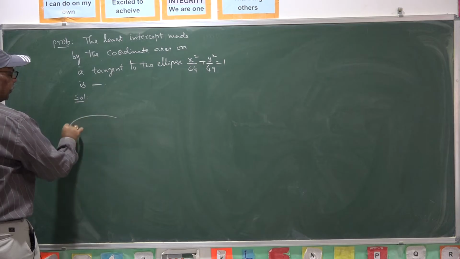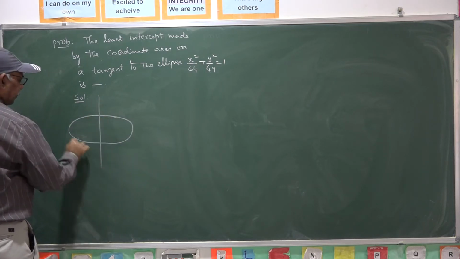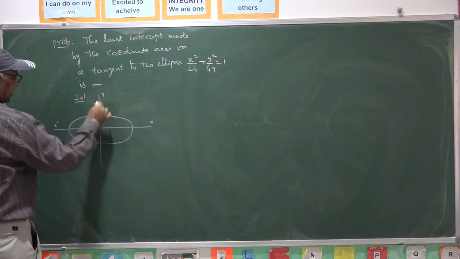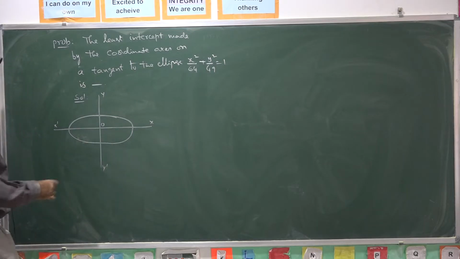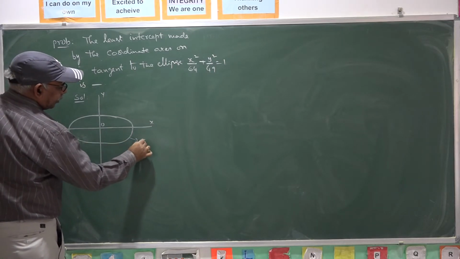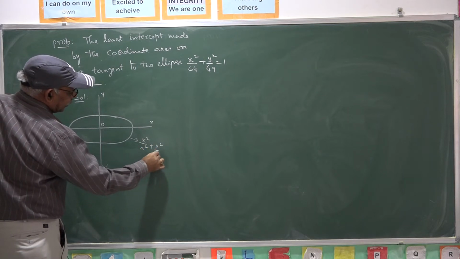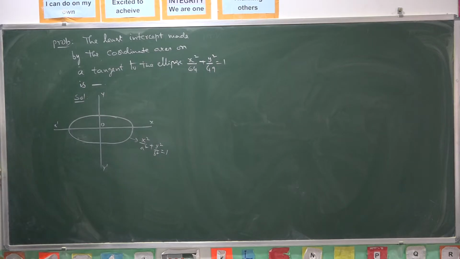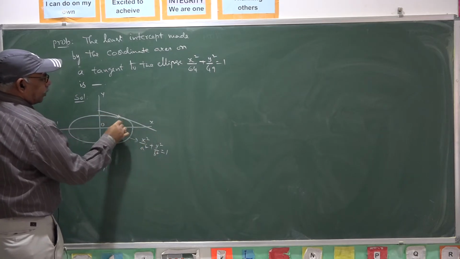So, this is our ellipse. Let the coordinate axes be the x axis and y axis, and the center of the ellipse is the origin. Suppose this is x square by a square plus y square by b square equal to 1, where a equal to 8 and b equal to 7. Now, a tangent is drawn at a particular point.